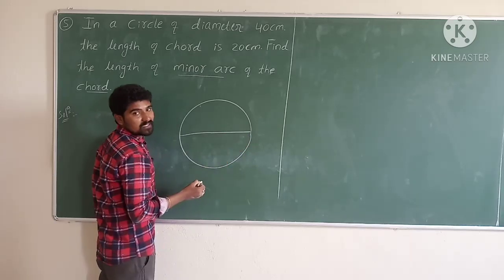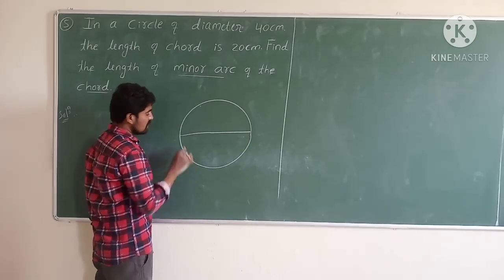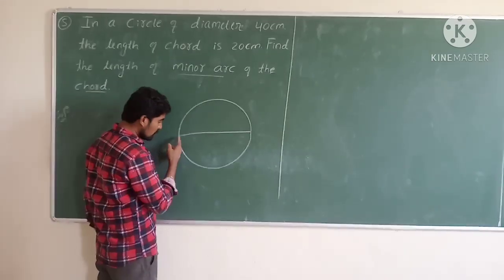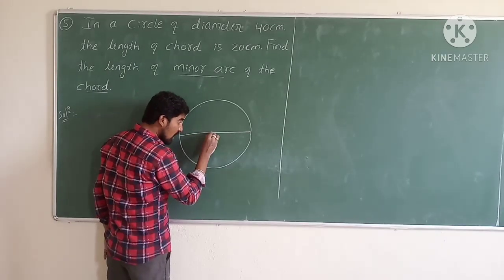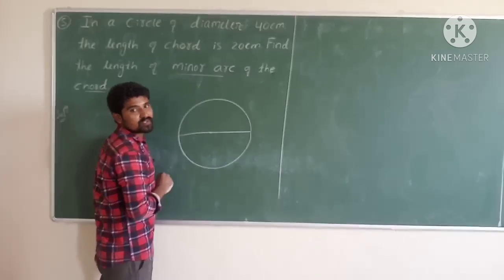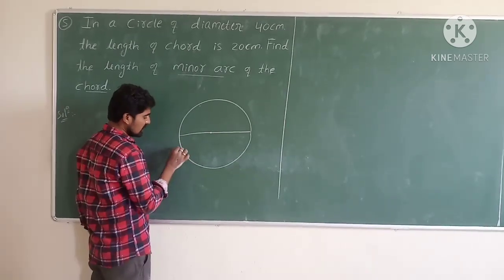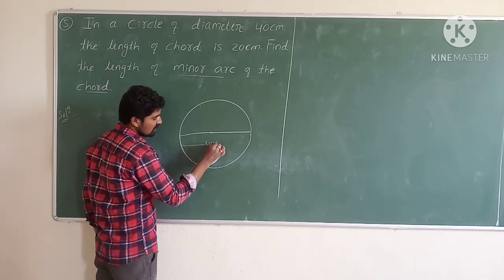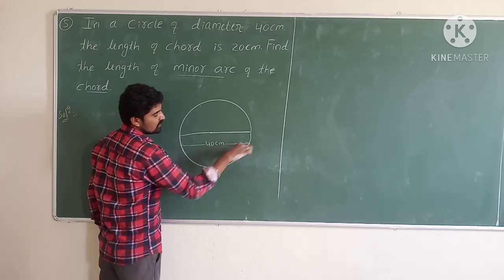Diameter of the circle. So he has given that the length of diameter is equal to 40 cm.